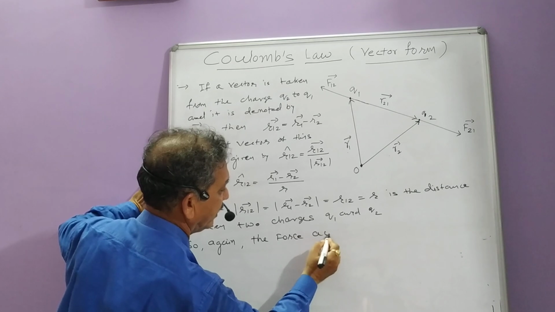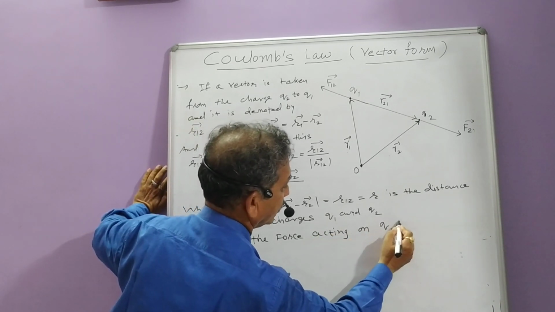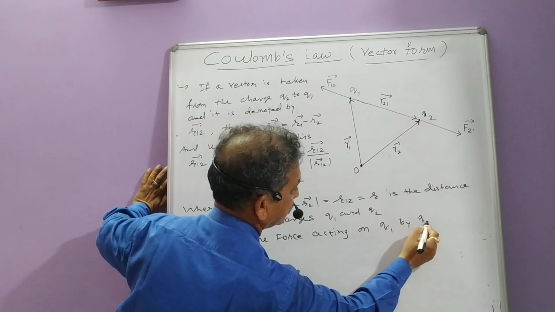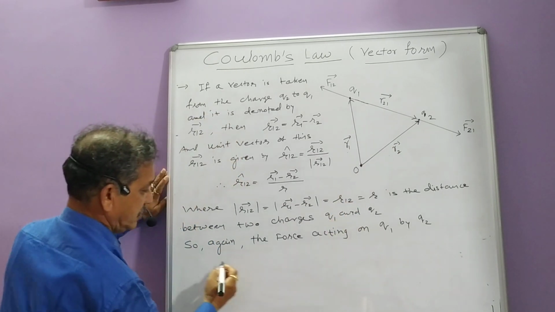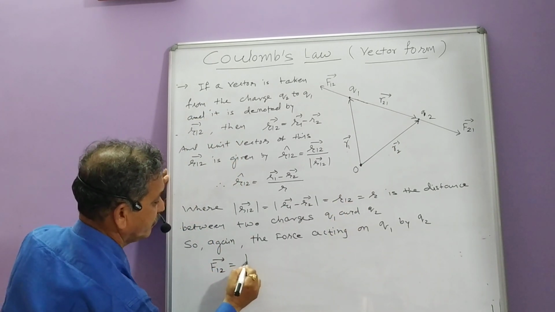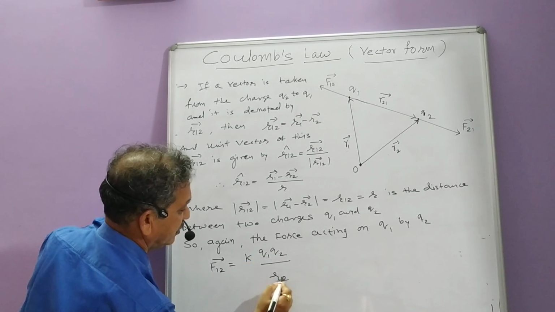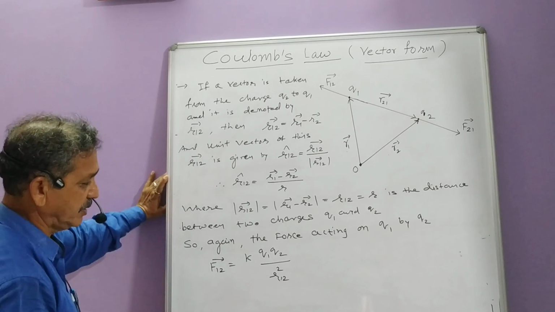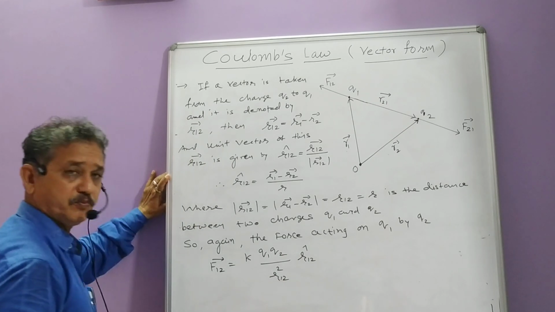So again, the force acting on q1 by q2 is given by vector f12 equal to k q1 q2 upon the square of the distance between them, r12 square, into unit vector r12.